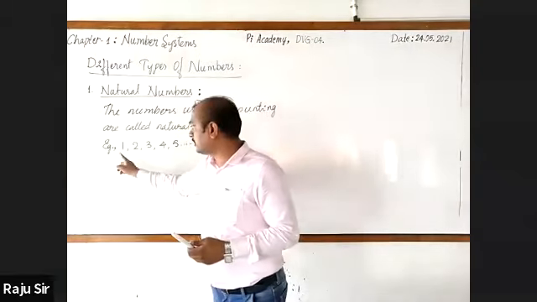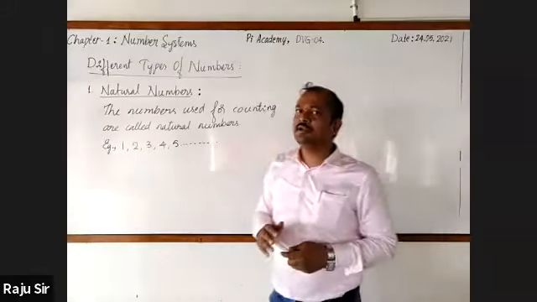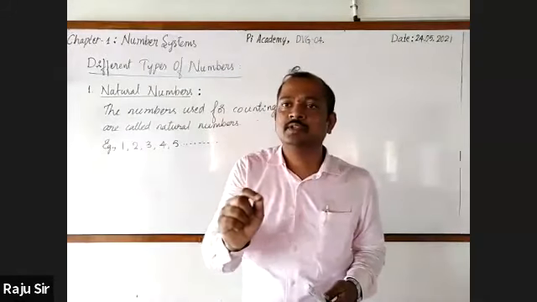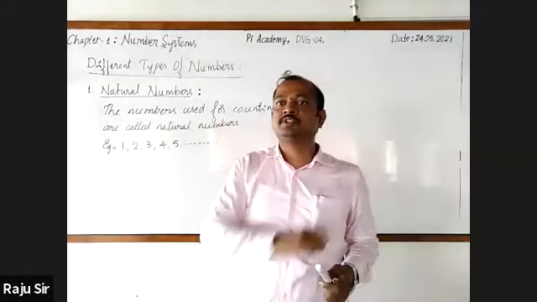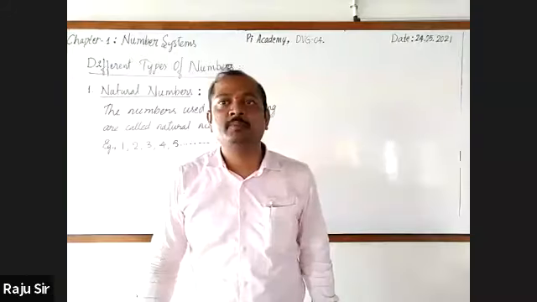The least natural number is 1, the highest one is infinity. Could you tell which is the least even natural number? 2, sir. Okay, 2. Least odd natural number? 1. In another way, we can frame the question.